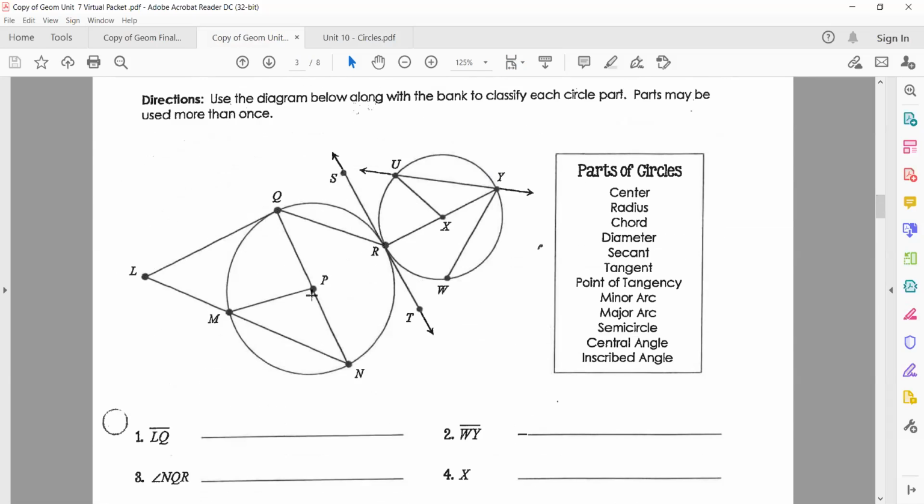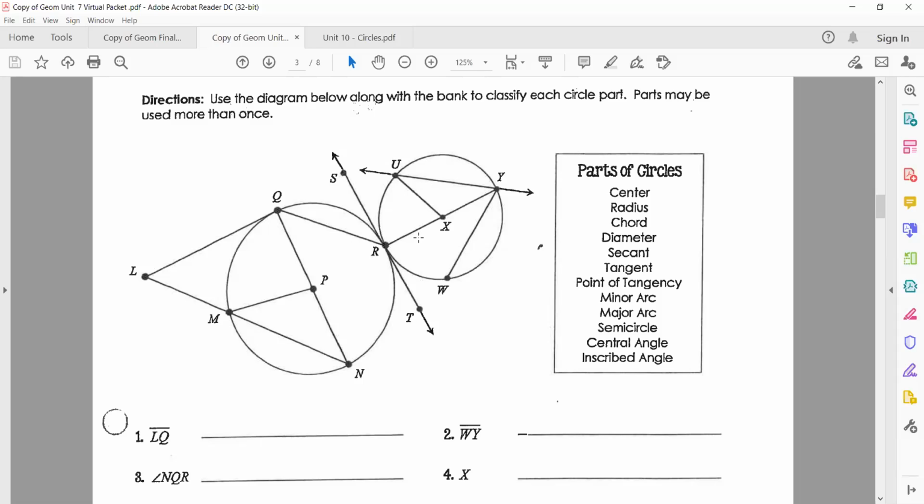The center, that's obviously P on this circle and X on the other one. The radius is XY or XR, QP or PN, okay? Tangent, even tangents down here, tangent to both of those circles. It crosses and touches each one only at one point.